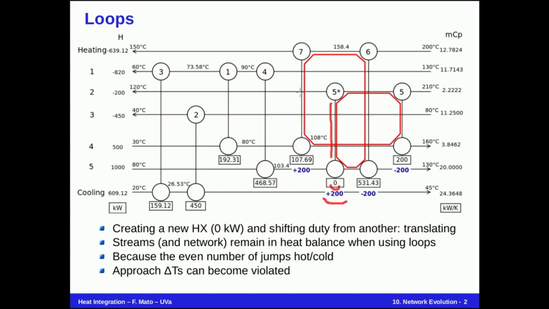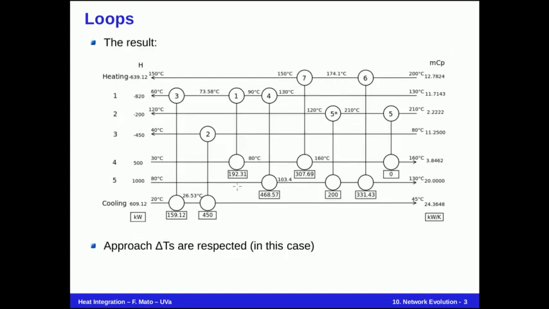The next one is summed 200 kilowatts, and the last one, which closes the loop, is subtracted 200 kilowatts. The result is eliminating the original heat exchanger 5 and creating a new one with the same duty, or if you prefer, translating heat exchanger 5 to 5-star.